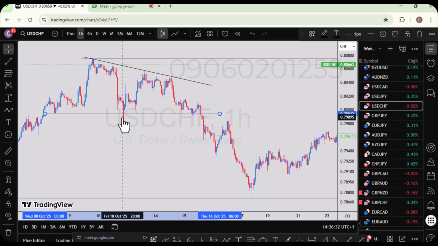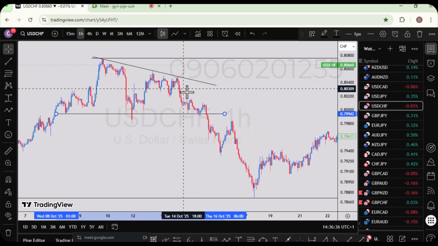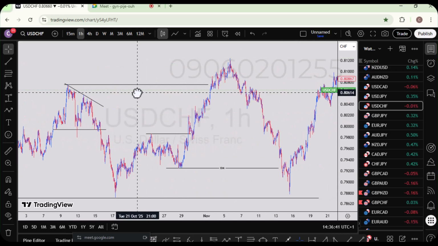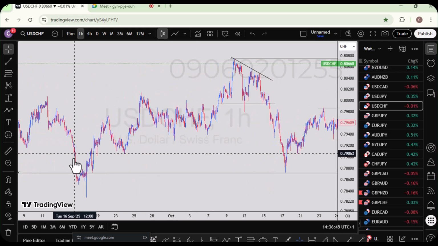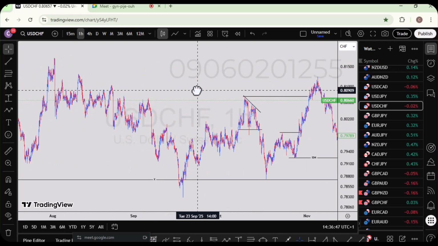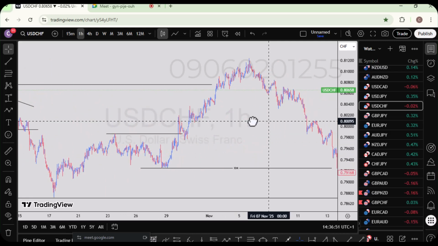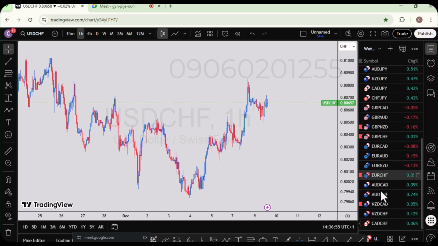You may find this confusing, but it's a descending. You can see how price eventually continued all the way down. After this bullish rally, the descending triangle led to the continuation of the downtrend. So let's look for another example.